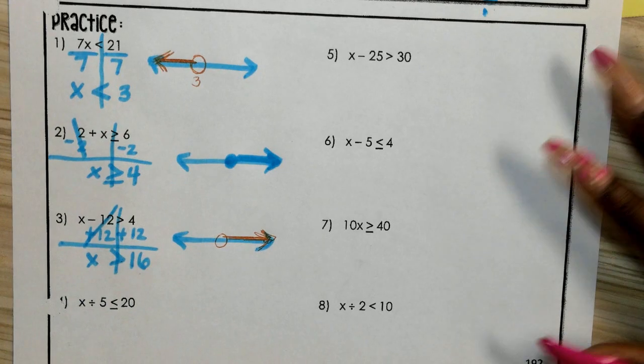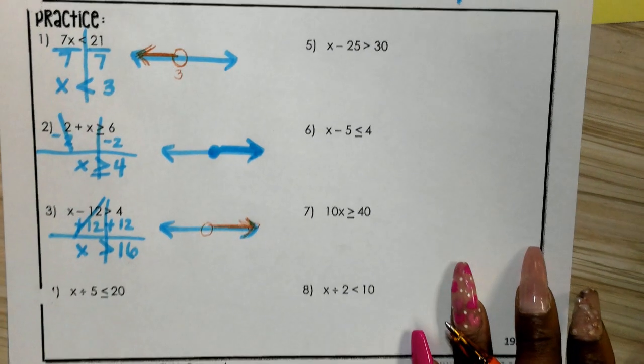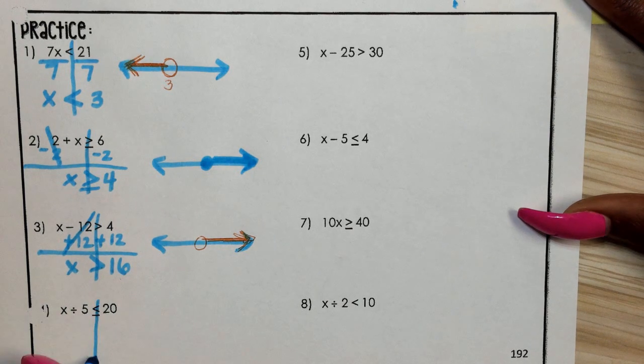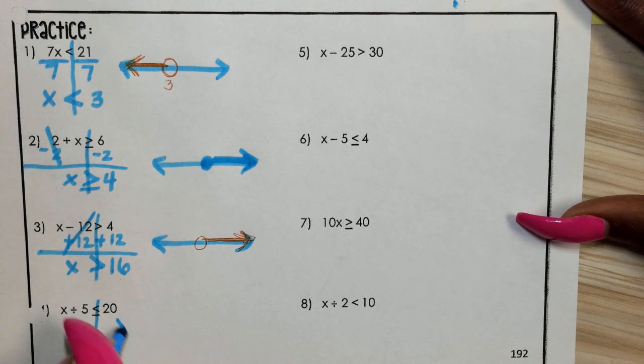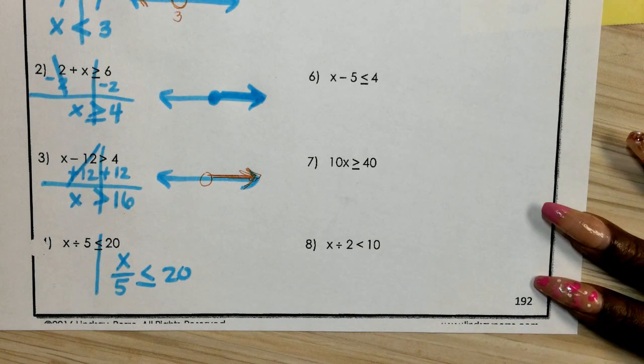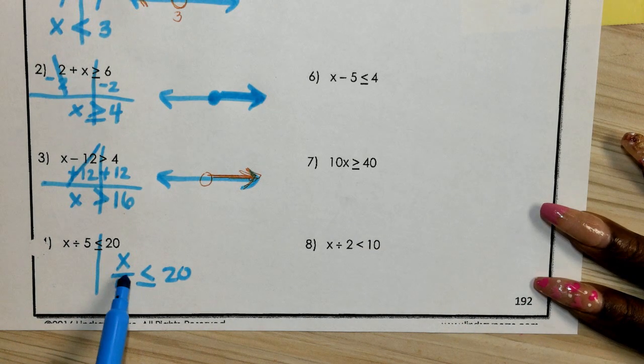Okay, let's look at the last one, and then again, I'm going to leave these as practice for you to try. So in this case, we're doing the exact same thing. Normally, the problem would be set up like this. So just to make sure that you are aware of how you might see the problem, this is how you might see it. Remember that this little line means divide.